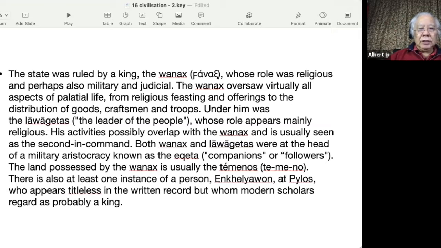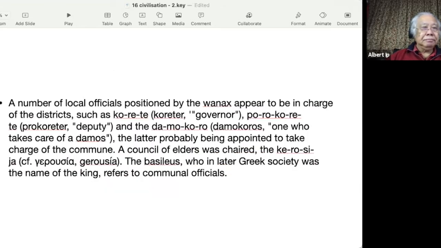There is also at least one instance of a person who appears titleless in the written record, but whom modern scholars regard probably as a king. So again, there's a lot of guesswork in terms of understanding what happened at that time, because some of the writings are no longer readable in modern times.